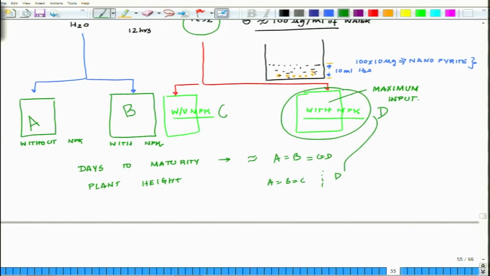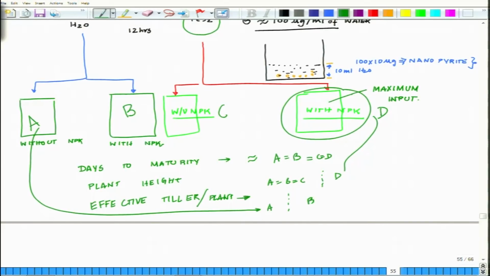Okay. Now, if you see the effective tiller per plant, in that case what you observe is there is a significant increase compared to A, which is without NPK and just water treatment. B, C and D are higher, more or less the same.